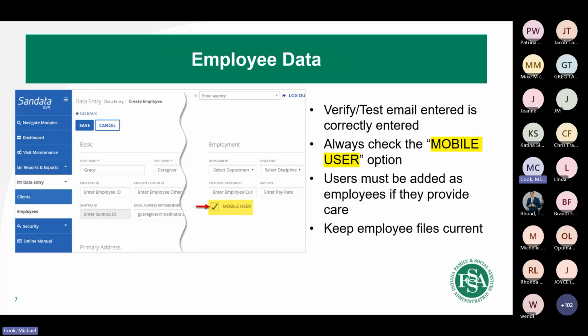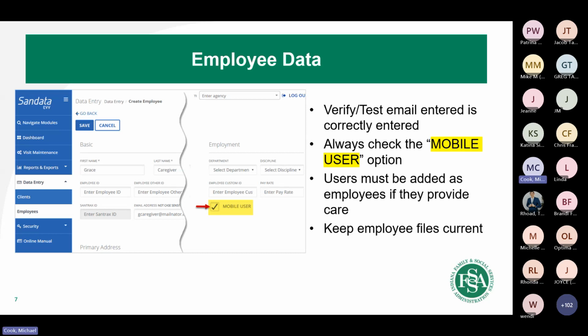When you're adding employee information, a couple key reminders for providers. Always want to make sure that you're testing out that the email is entered in correctly as entered into the portal. Make sure that it's spelled correctly and everything about it is correct, because that will form the username that individual person, caregiver, will use to log in to capture EVV information.